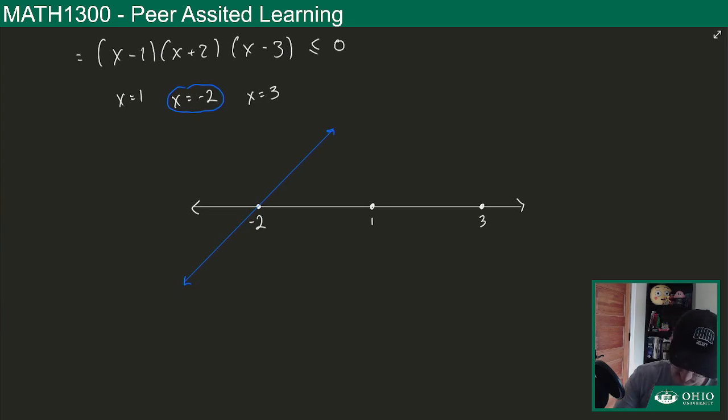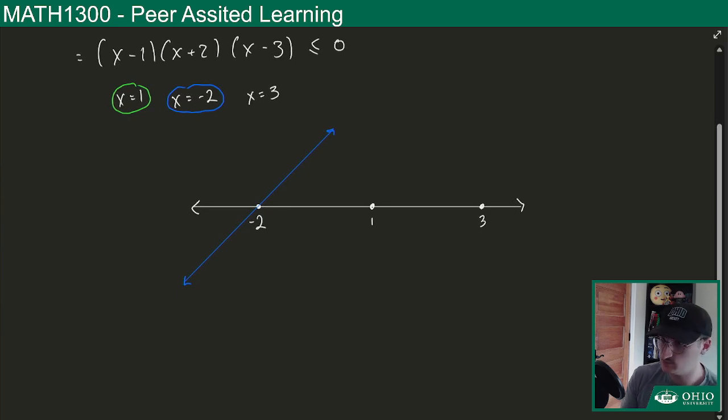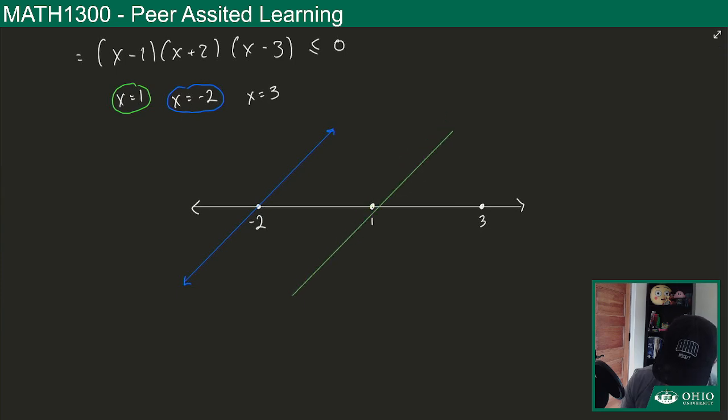So let's look at another value. We have x equals 1, and this was produced, again, by x minus 1, which is a positive linear line. So I can again draw a straight line through this point. Okay, let me try and draw this more accurately.